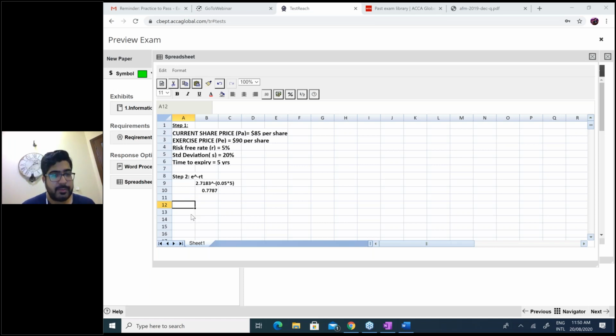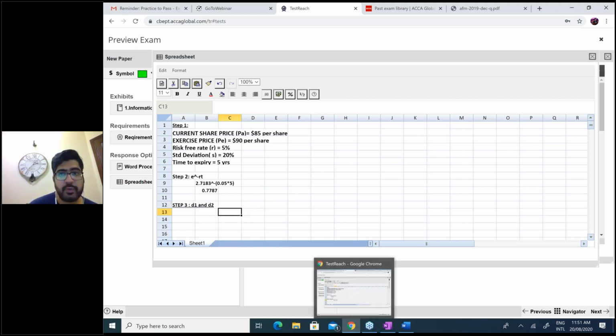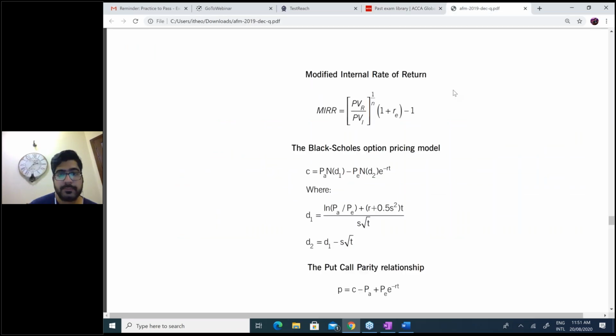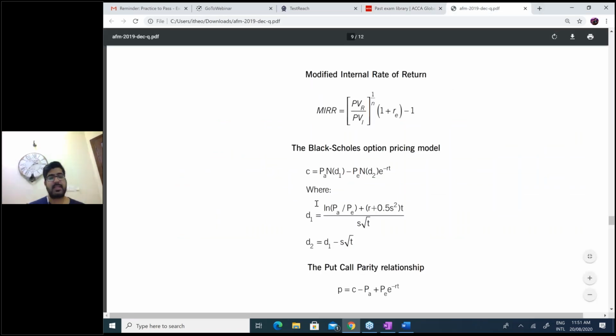Then step 3. It's D1 and D2. Okay. Now for D1 and D2, you can use the formula. The formula is the present. I've told you on the exam sheets.